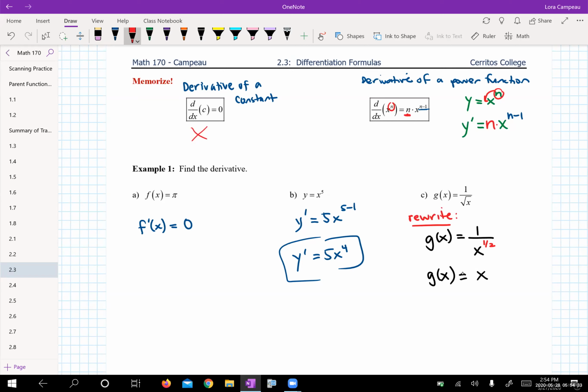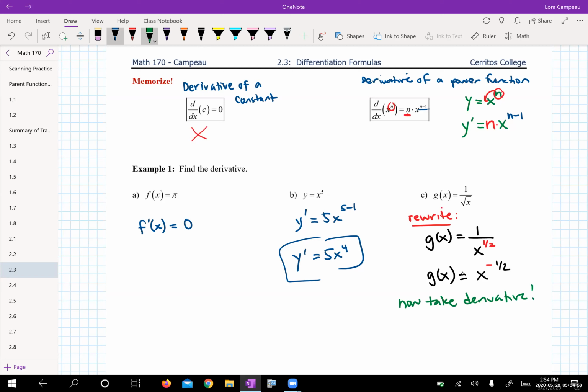So I'm going to look at this as x to the negative 1/2 power. So that's my biggest piece of advice. Always try to clearly rewrite the function that you see so that it's a power function. And then now would be a good time to take the derivative.